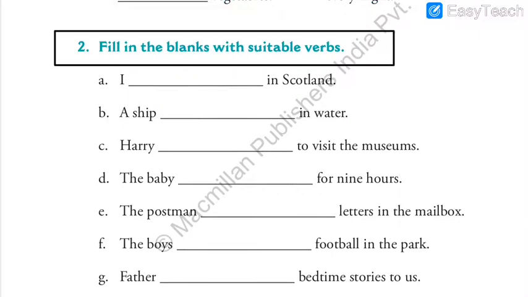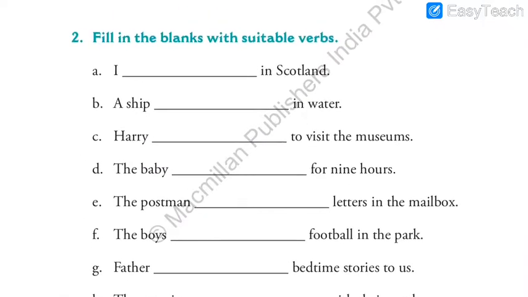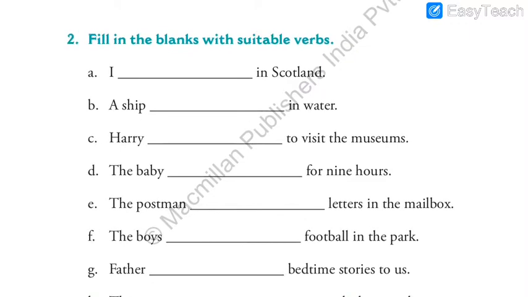Let me explain it to you after reading the heading. The heading says: fill in the blanks with suitable verbs. So you have to put your own verb. Here you are not going to get any options as you got in the previous exercise. Here you have to choose your own verb and fill the blank, making a meaningful sentence by adding the proper verb in the blank space.